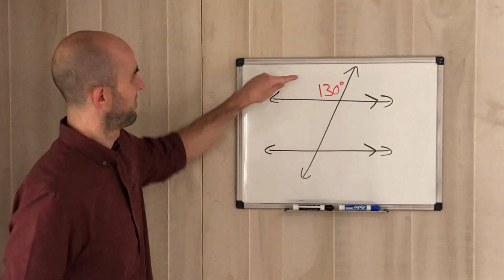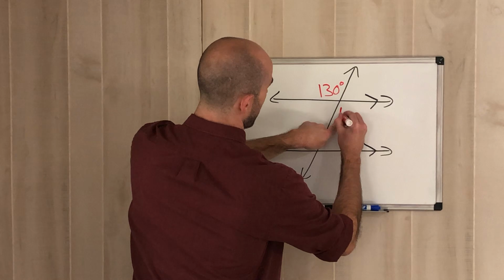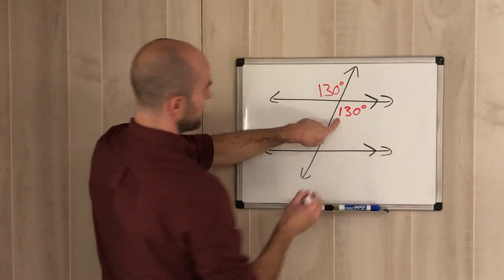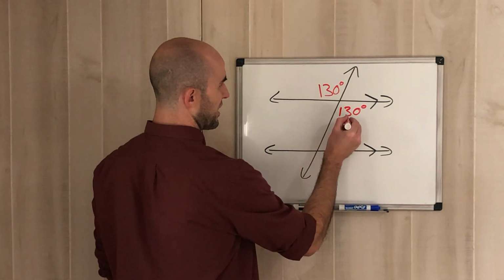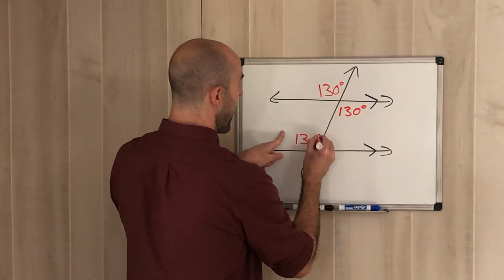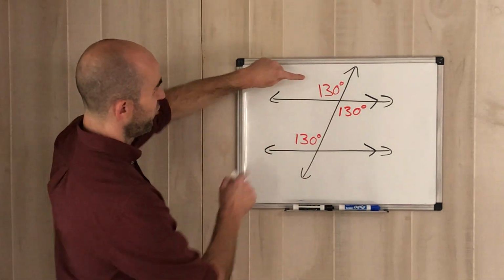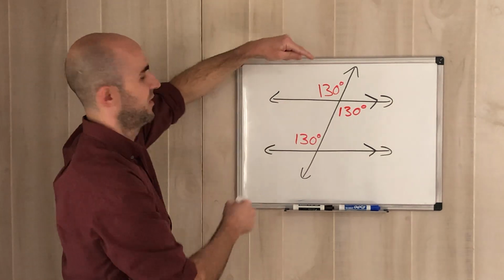And here's why. If that's 130, automatically that's 130, because they're vertical angles, and vertical angles are always the same. And it depends how you want to see it. If you look at these two, they're corresponding, so they're the same.